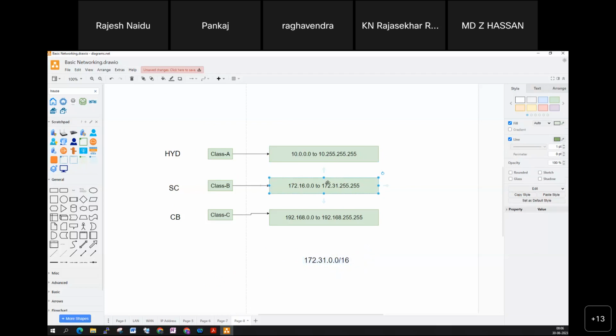Understood? If you understand, well and good. If you do not understand, I'll give you one more example. 172.31.0.0/16 is part of class B network. This is a small range within the maximum range.